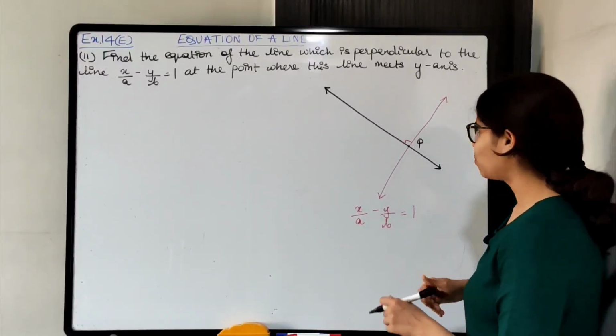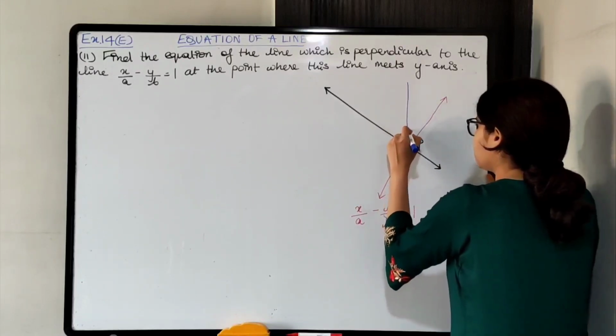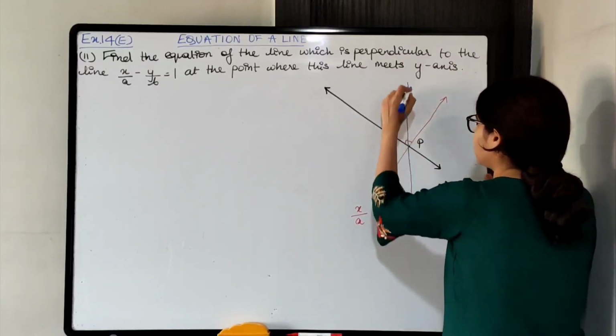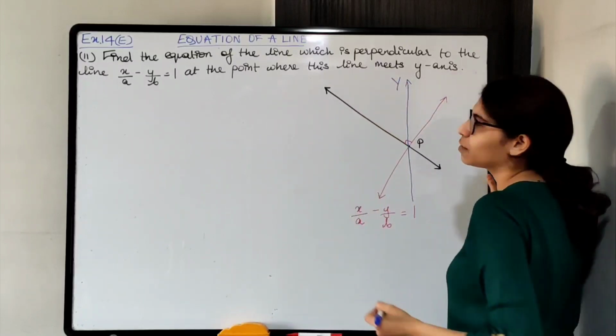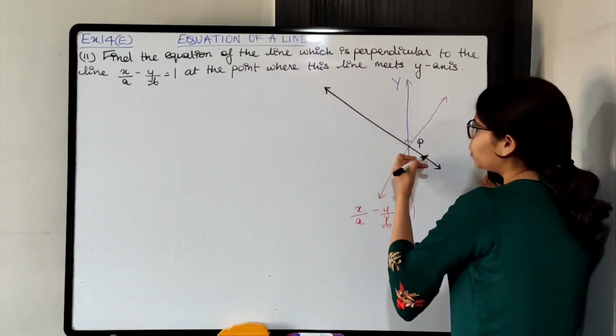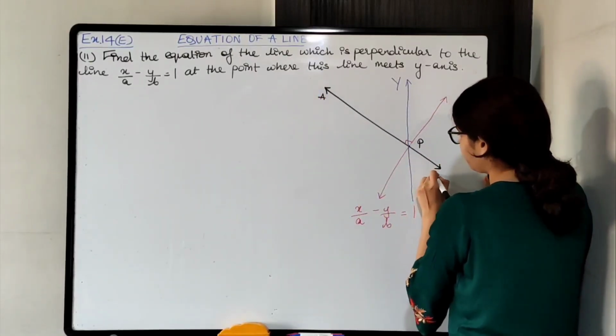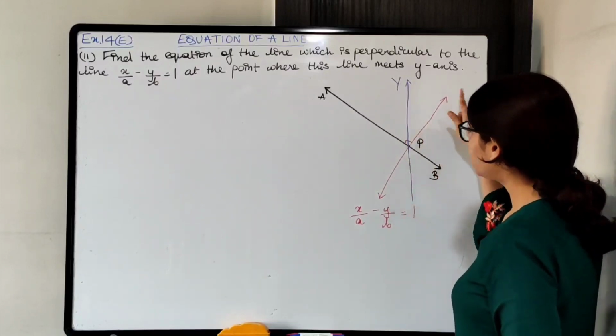We have to find the equation of this black line. Let's name it as AB, which is perpendicular to this red line.